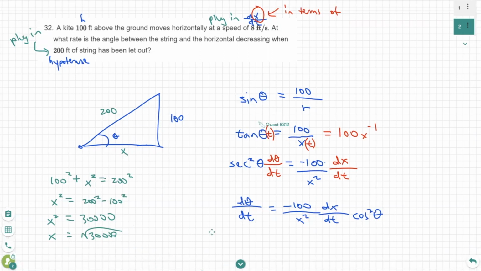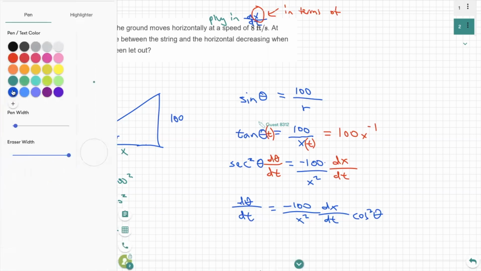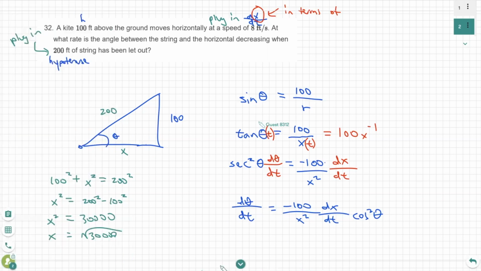Okay, well now we can just start plugging in. So x squared is the square root of 30,000 squared, which is 30,000. Cosine is the square root of 30,000 over 200, and then that squared, right?